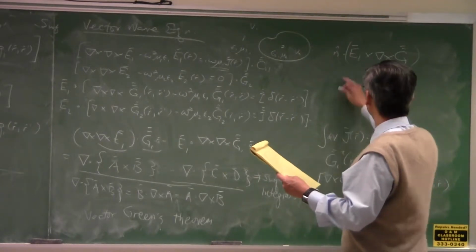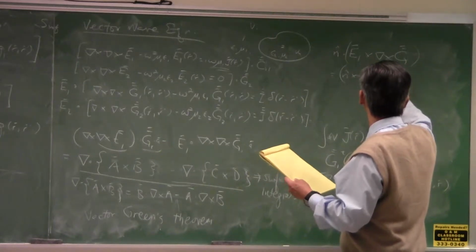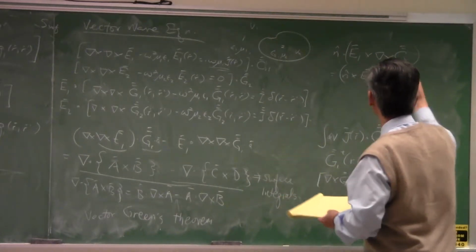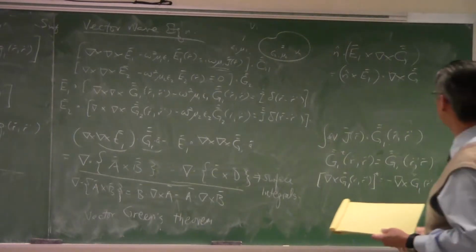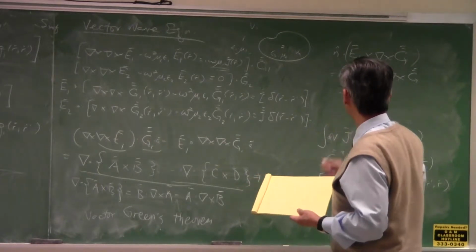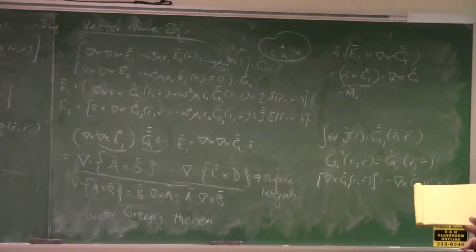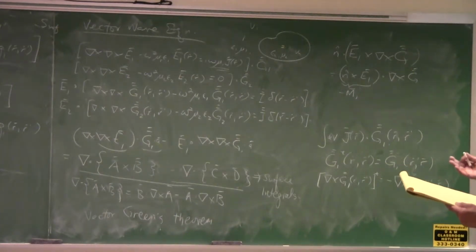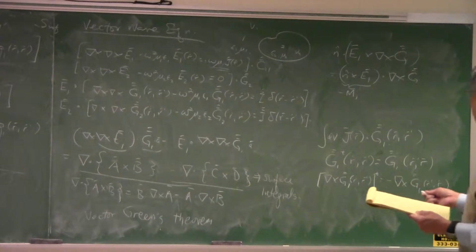Then you can use a vector identity and write this as n cross E cross G. You can always write it in this manner, and this is just minus M, the surface magnetic current. If this is a surface force, it will correspond to a surface magnetic current. And then there are other terms that will correspond to the surface electric current. I will not bother to write out those terms.